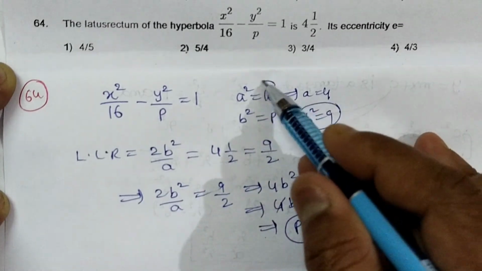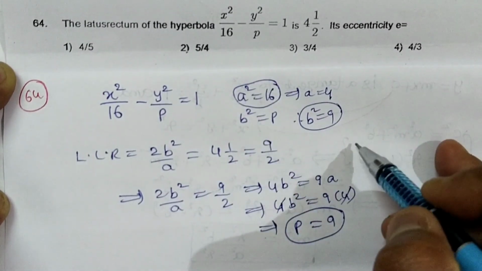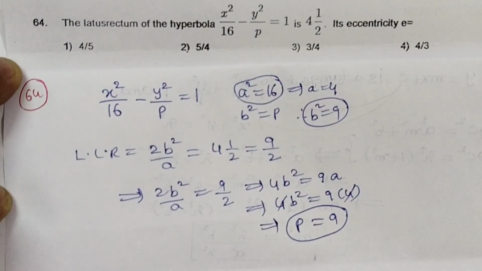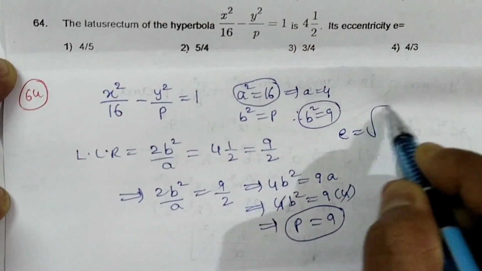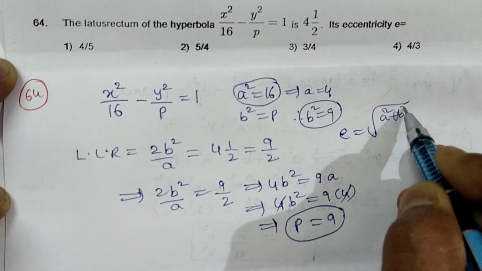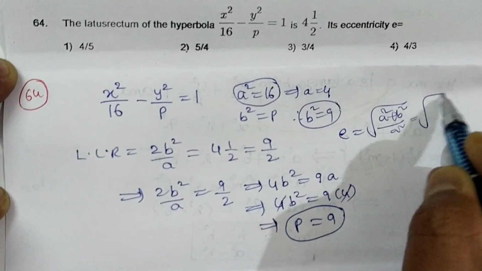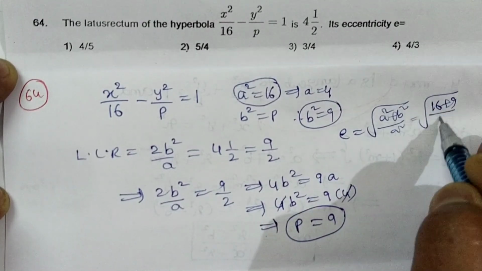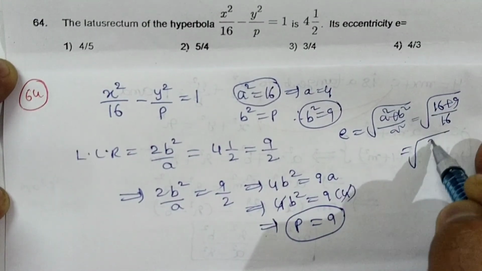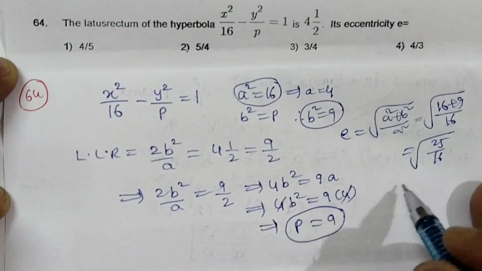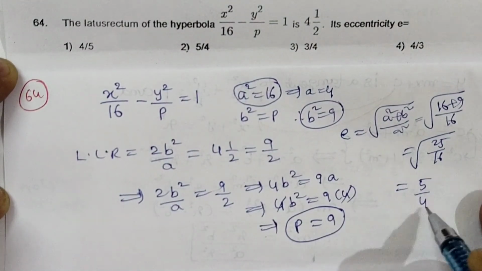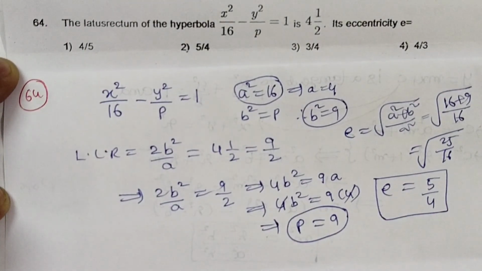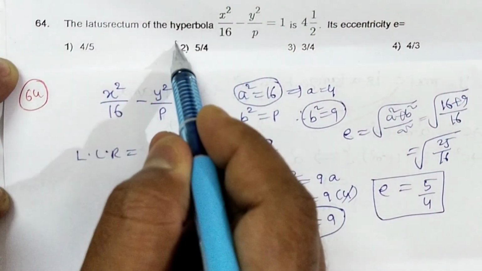So a square value we have, b square value we have, therefore eccentricity E is equal to root of a square plus b square by a square, root of 16 plus 9 divided by 16. So root 25 by 16, which is equal to 5 by 4. Therefore, the eccentricity value is equal to 5 by 4, which is there in the second option.